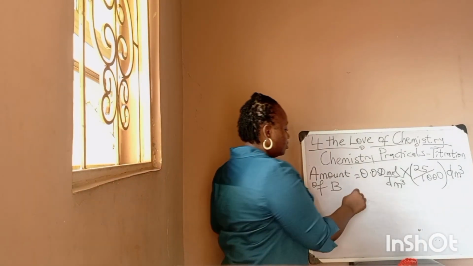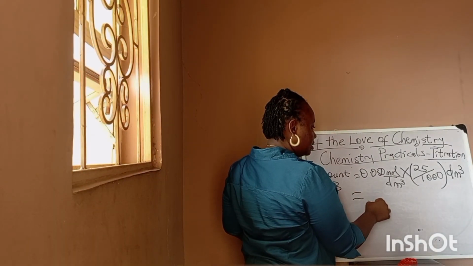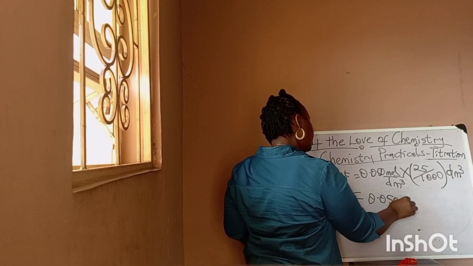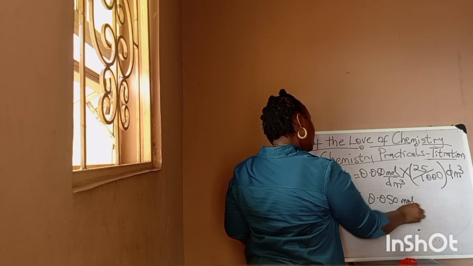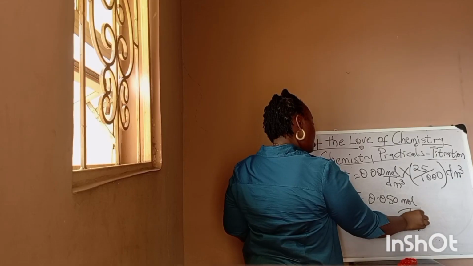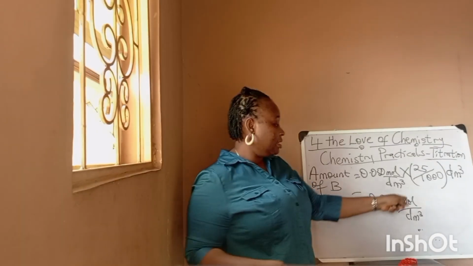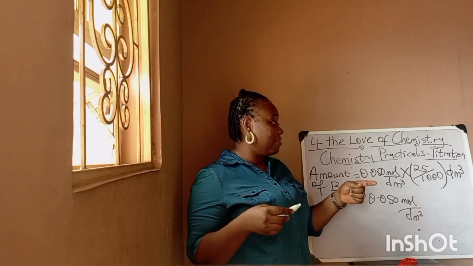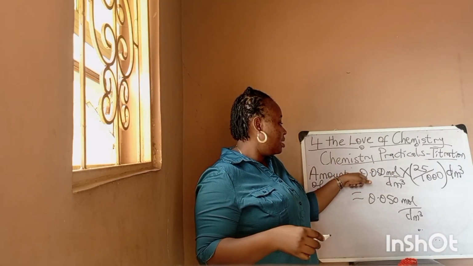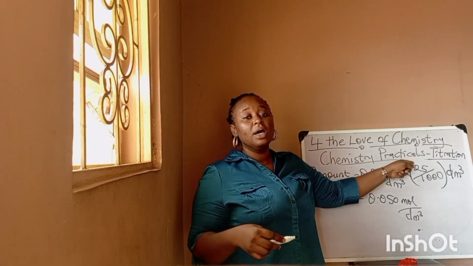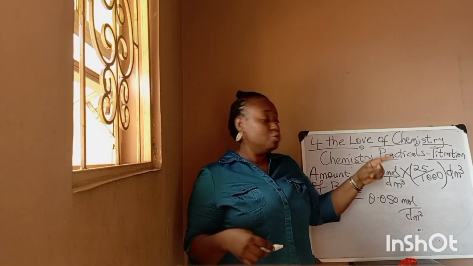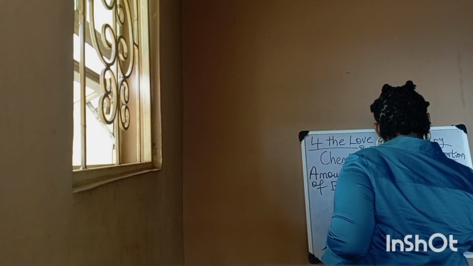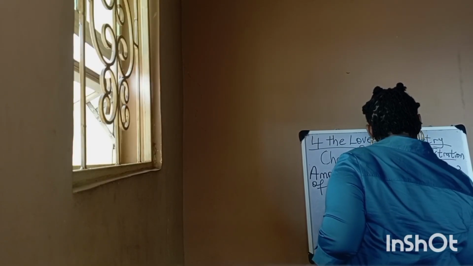Okay, so when we divide, we have 0.050 mole per dm cube. Please note that this is not really necessary. I'm just putting it to emphasize the fact that from the units of the parameters you are given, 0.025 dm cube, the dm cube cancels dm cube.